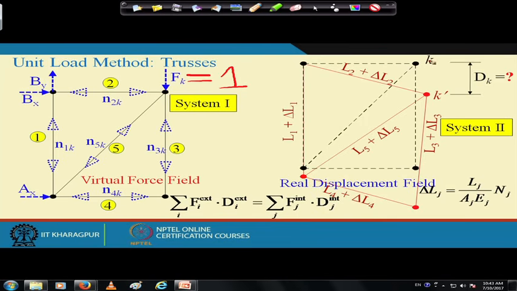Suppose this is the displacement we want in the vertical direction; therefore, the force needs to be applied in the vertical direction. We apply a vertical force of 1 unit load in the direction in which we want to determine the displacement. This unit load, the external fictitious or virtual load, will generate some internal forces.